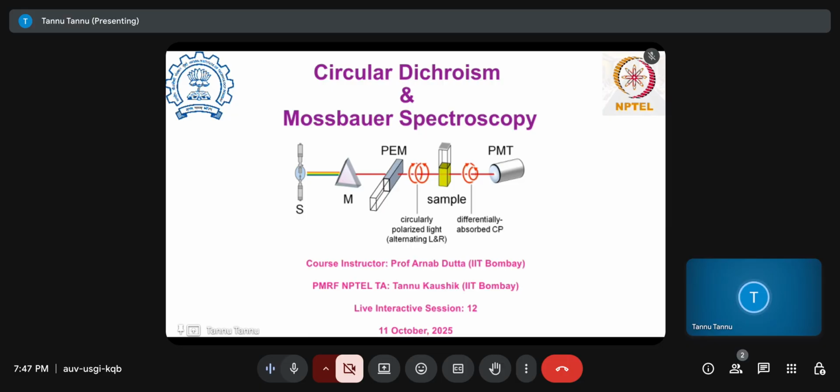So this is the end of the whole Mossbauer spectroscopy topic. I think we have covered all of the topics in detail. In these sessions, I have given a brief summary of each topic, and we solved some questions on every topic. So I hope things are clear to you by now.